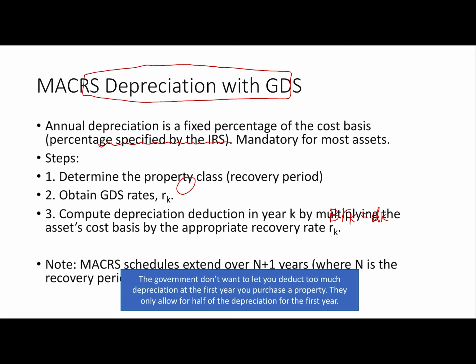Then we learned about the MACRS method. That's a standard way to calculate the depreciation deduction for each calendar year. We talked about the 3 steps, and we introduced the 2 tables.